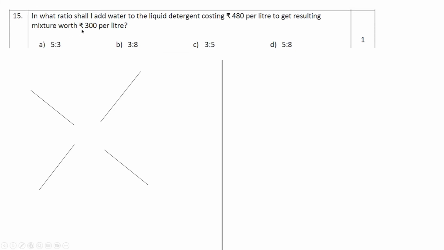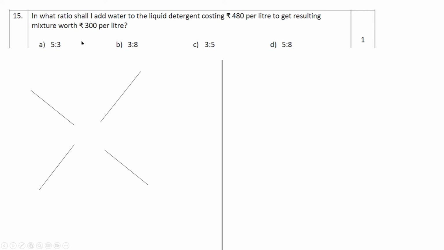In what ratio shall I add water to the liquid detergent costing rupees 480 per liter to get resulting mixture worth rupees 300 per liter? So we need to find the ratio in which we have to add water to a liquid detergent costing rupees 480 per liter, so that the resulting mixture is worth rupees 300 per liter.